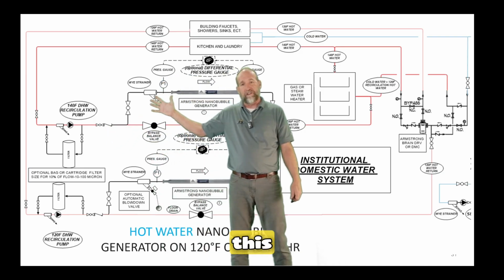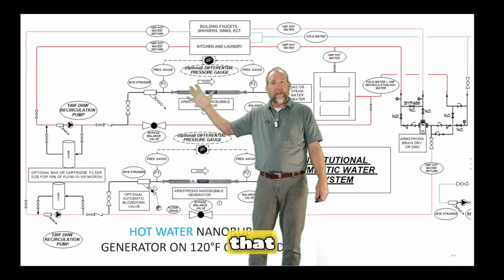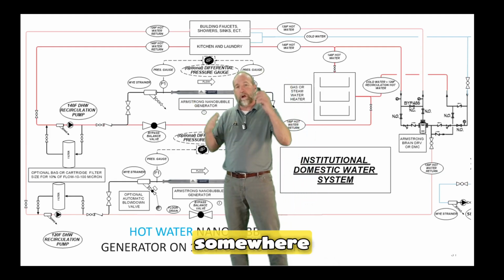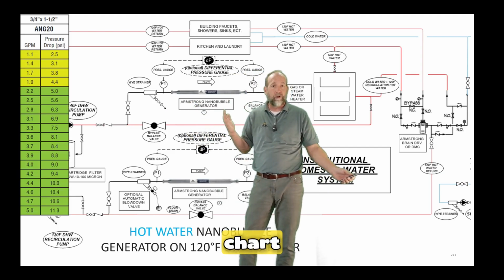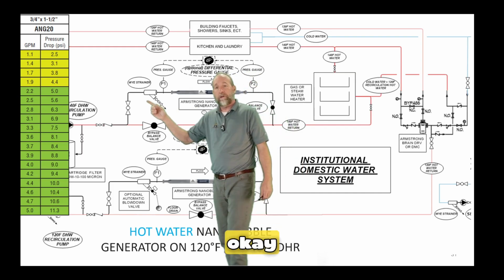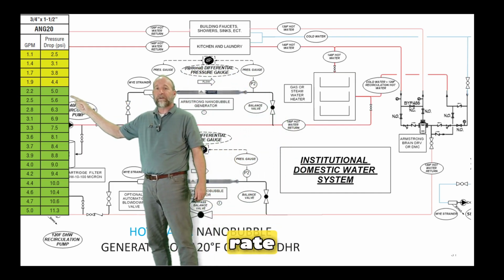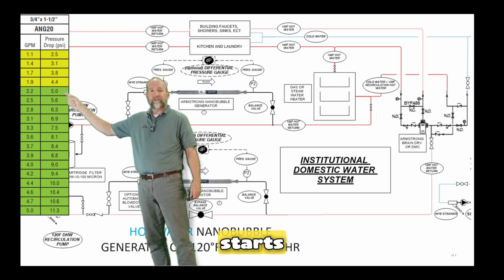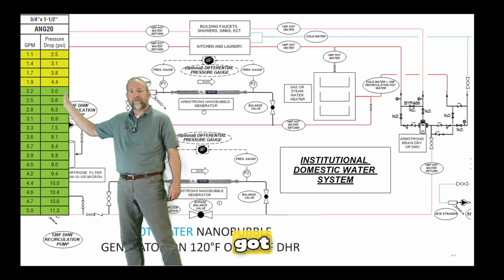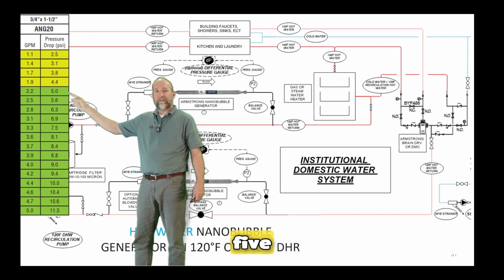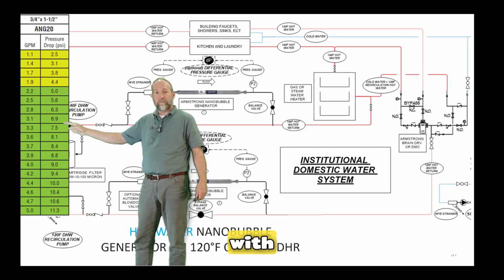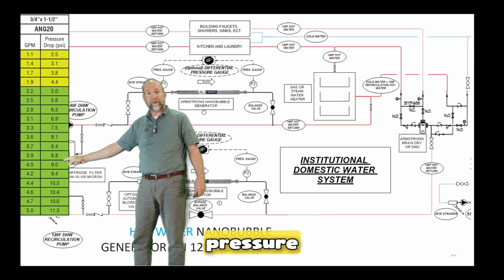One of the beauties of this side stream setup, though, is that, for instance, if your flow rate falls somewhere and it's not quite on our chart, like this is the chart for the ANG20, okay, and you can see that our ideal flow rate for the ANG20 right here starts at 2 gallons per minute, right? So you've got the 2 gallons per minute out of 5 pound pressure drop. You can run it with more flow rate, but you're going to have more pressure drop, right?